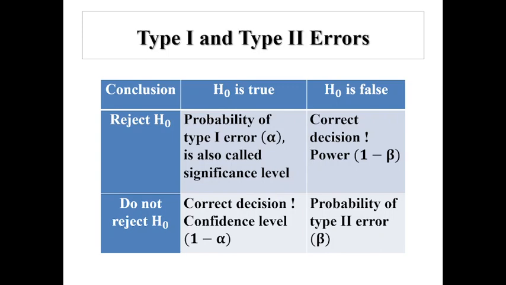In fact, he passes. And this is also called power. This means the student should fail, and the professor fails him or her. So a powerful teacher is one who fails the students who, in fact, should fail.